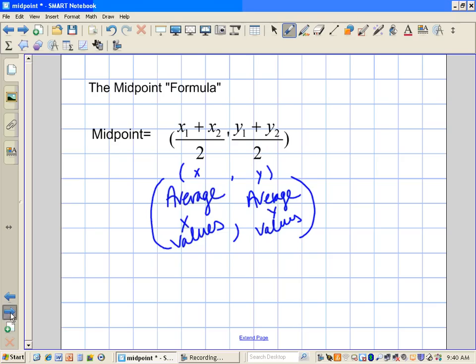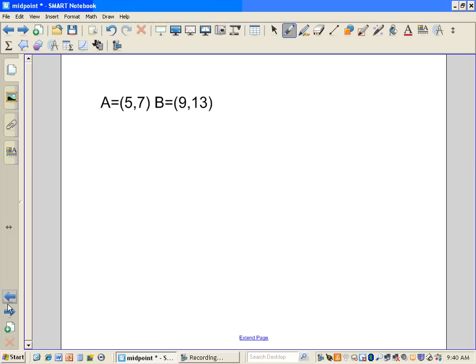Let's look at a specific example. So, just like before, if it's helpful to label them, we can label this x1, y1, x2, y2. To find the midpoint, we're going to take x1 plus x2 and divide by 2.